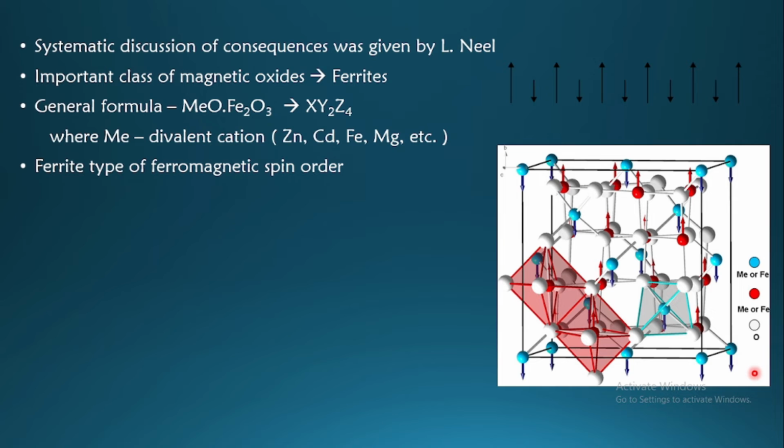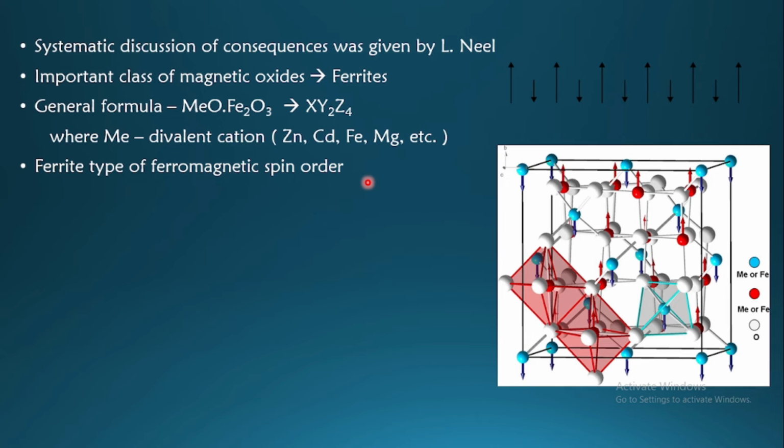The term ferrimagnetic was coined originally to describe the ferrite type of ferromagnetic spin order. So it is clear that it is a specialized case of ferromagnetic material. That's why it is also called the ferrite type of ferromagnetic spin order.